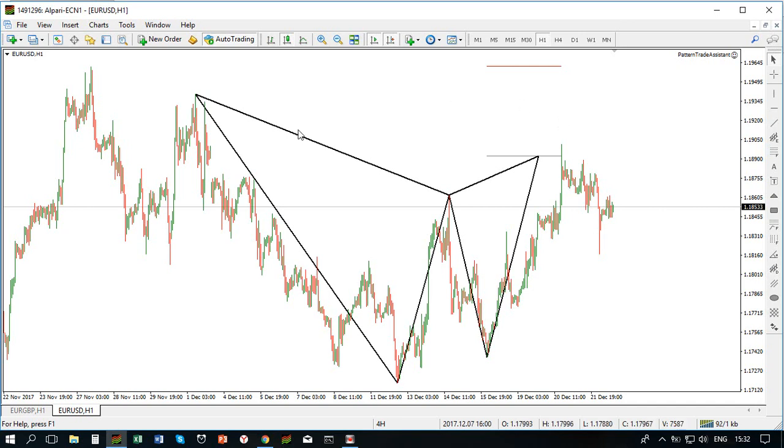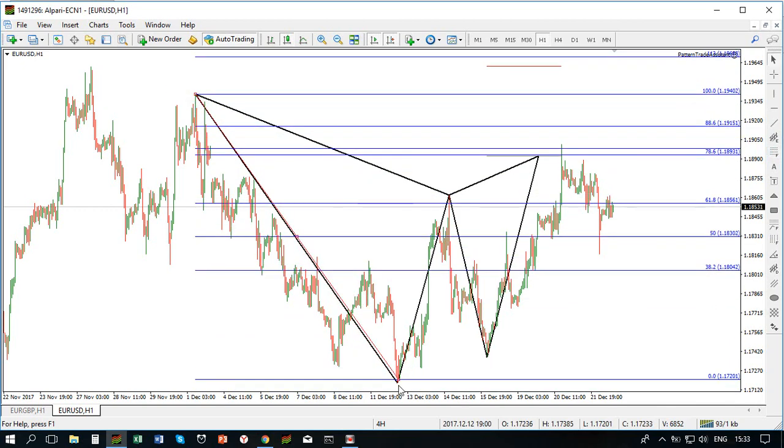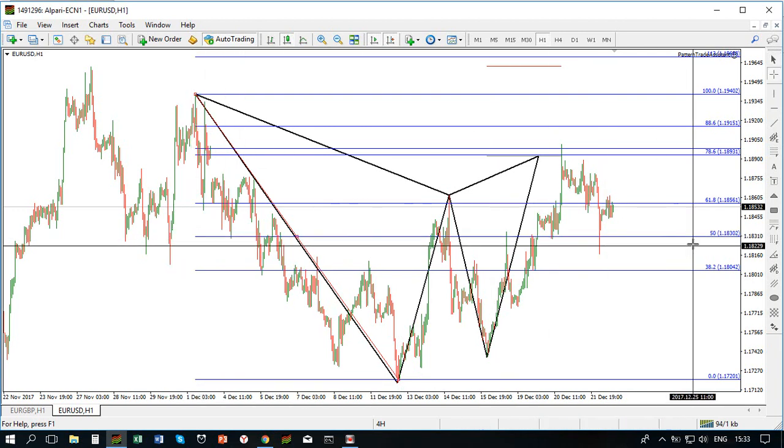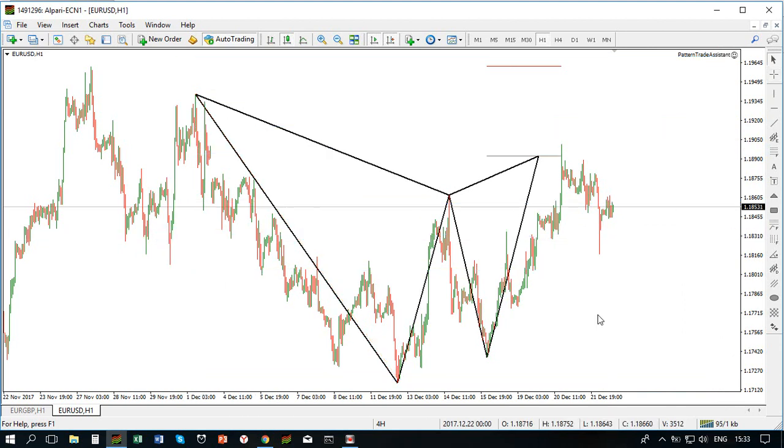It all depends. What about this pattern we have right now? Measure the XA leg, yes, and as I told you, the prior movement, like this, should be at least half of that. So the 50% of that XA, it is half, so the pattern fits this criteria.